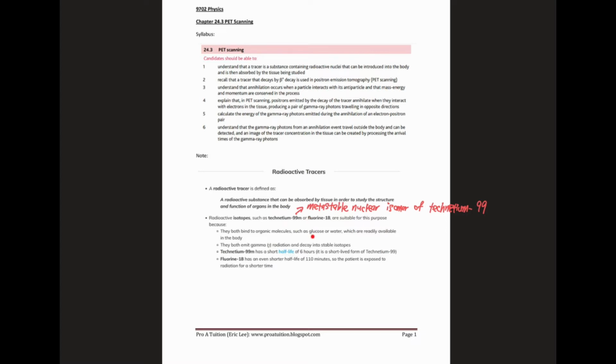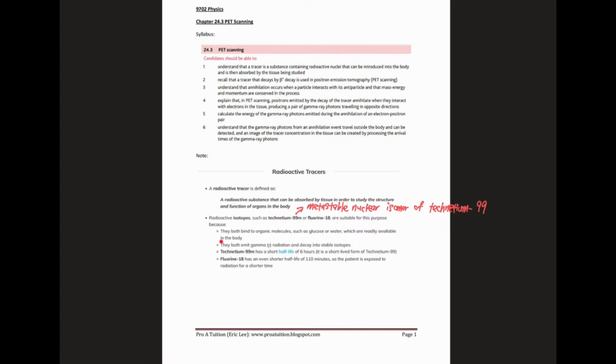So we can detect the activities of how the cells use the glucose or water, or any abnormality in the human body, like a tumor, which uses up the glucose.